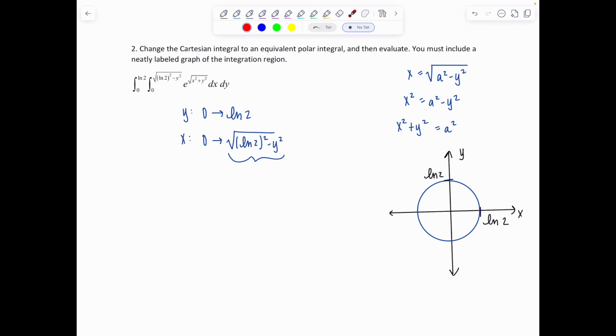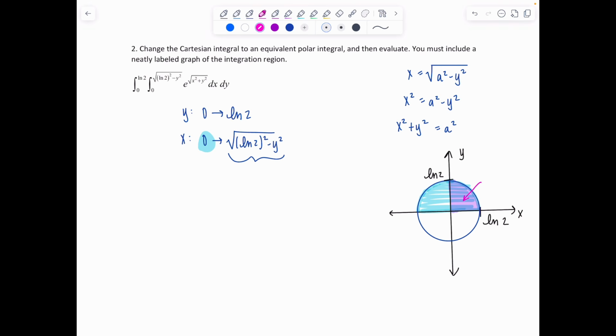So y is bounded between 0 and ln of 2. So y equals 0 is here, all the way up to ln of 2, so above the x-axis. But then notice x is bounded from 0 up until the circle. So we're actually only dealing with 1/4 of the circle, the portion that's in quadrant 1. This is the region right here.